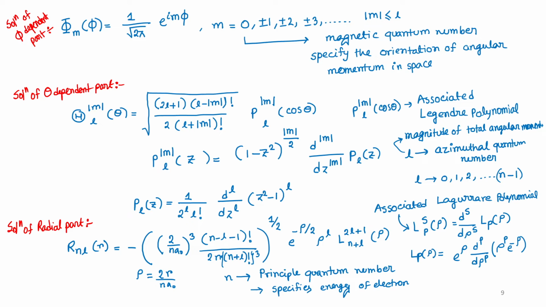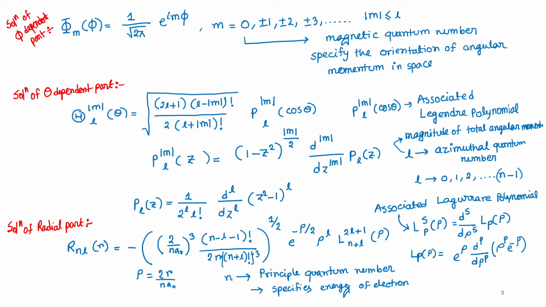So three quantum numbers, but you already know from your 10th, 10 plus 2 and bachelor's degree that another quantum number is there, that is the spin quantum number. But that spin quantum number doesn't arise from the solution of this Schrodinger equation.